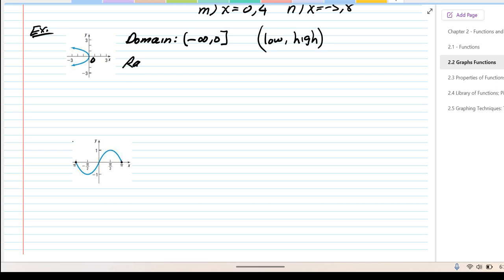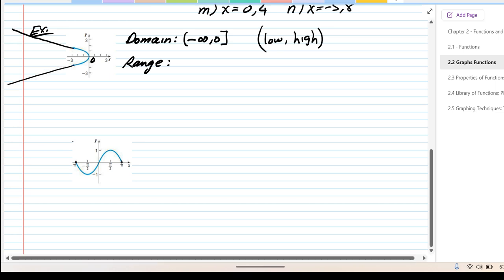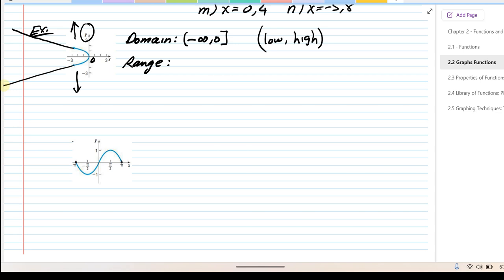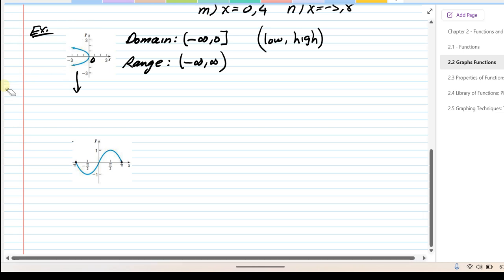The range is the y values, right? This goes gradually to -infinity and infinity on the y-axis as well. So the range is from -infinity to infinity. Although slow and gradual, eventually it will get there.